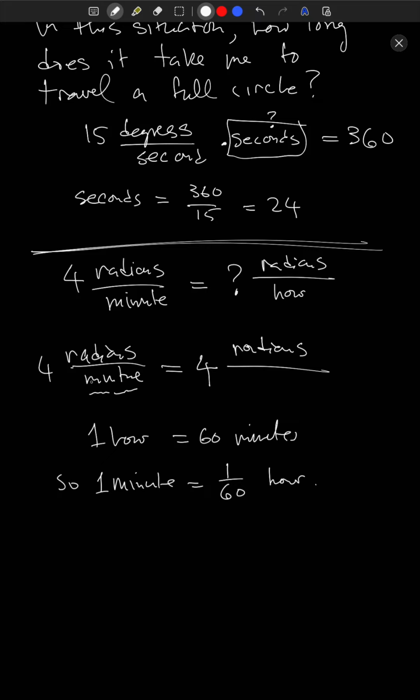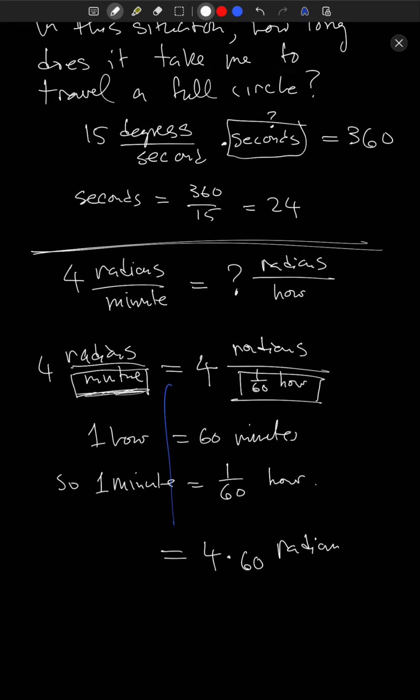So that tells me when I convert this minute to hours, it should be 1/60th of an hour. Okay, and that's it. Now I can just deal with the numbers. So this continues down to here as 4 times 60 radians per hour. Okay, so ultimately I get 240 radians per hour.